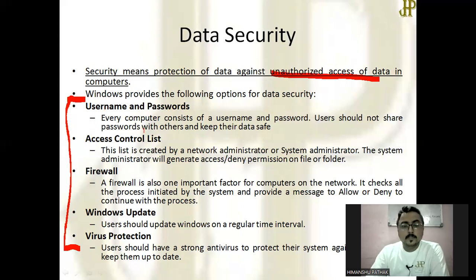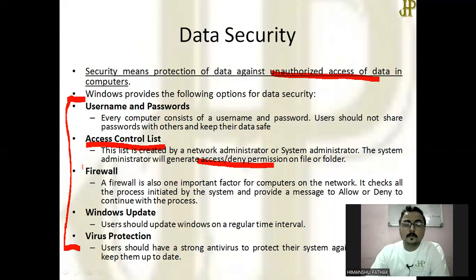After that, there is a functionality to limit access control. That can be done by your administrator. The operating system administrator can restrict some files and folders from being shared by anyone or over a network, and deny permission on files or folders.